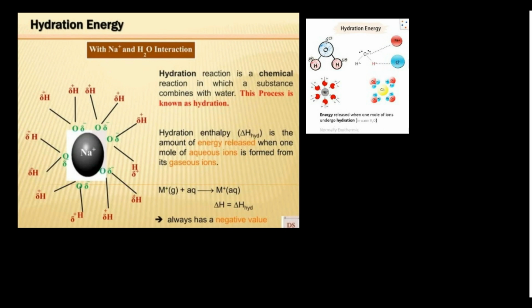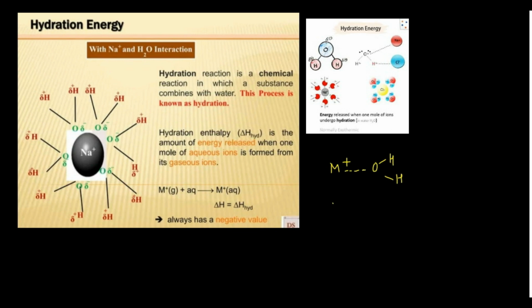That means whatever ion is present here, say if M positive ion is there and a water molecule is there, and when they form the bond between them, this process occurs by the release of energy. That released energy is the hydration energy.